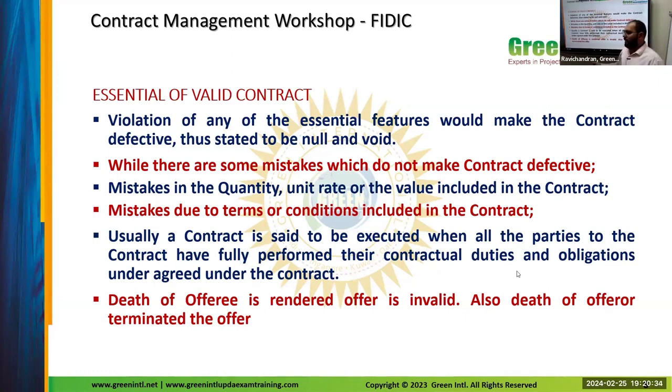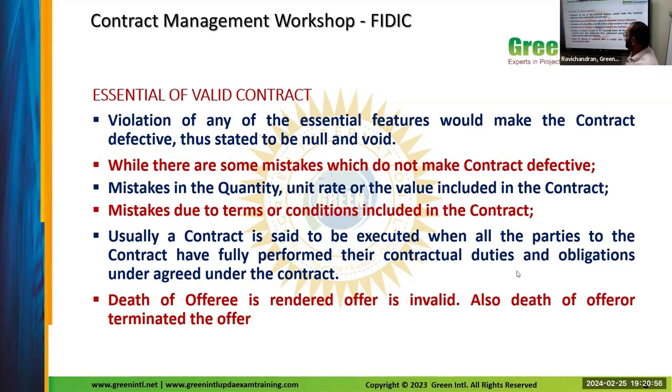The obligation from the seller side will be to provide the service or do the work. And from the buyer perspective, it will be to make the payment, return the guarantee, cancel the insurance, or something like that.